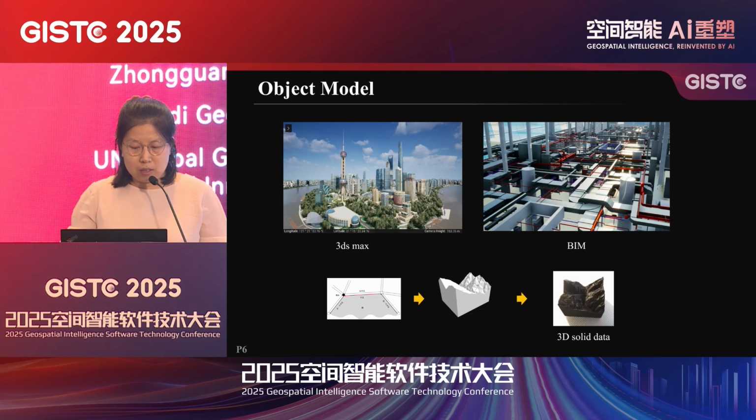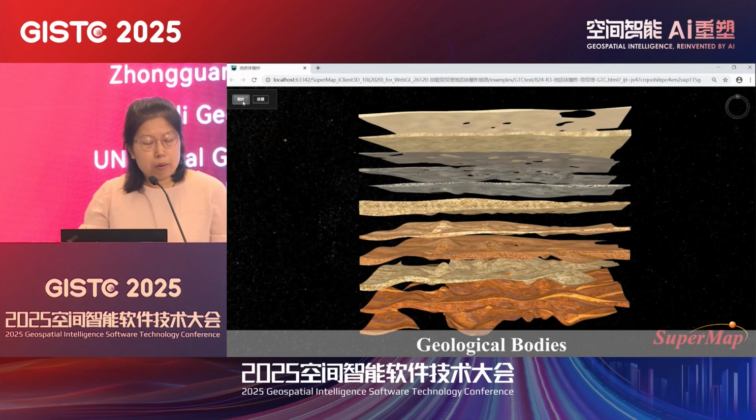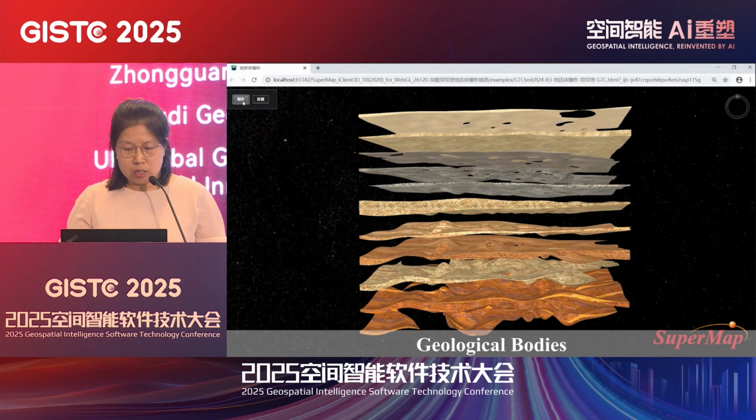It also supports the construction of 3D body models to represent discrete or homogeneous solid objects, which can be exported as 3D model data or even used for 3D printing. And SuperMap also supports geological body modeling using boundary representation. This allows for integrated visualization or layered display based on geological types, making it highly effective for geological survey and analysis.